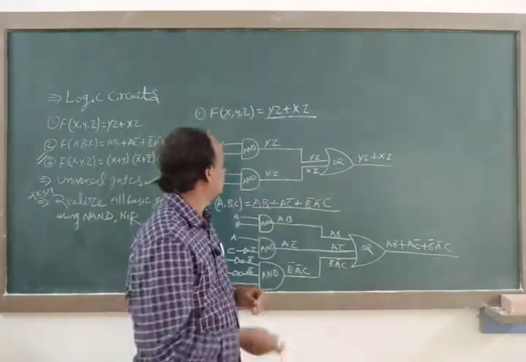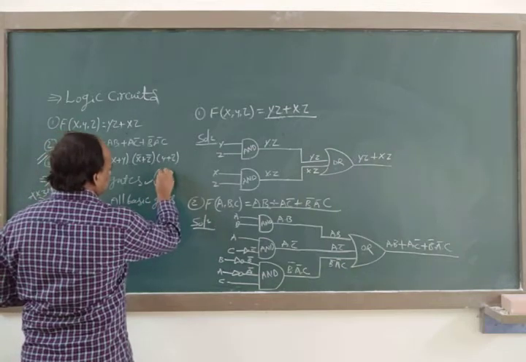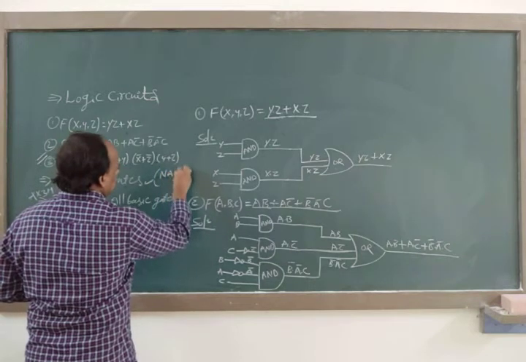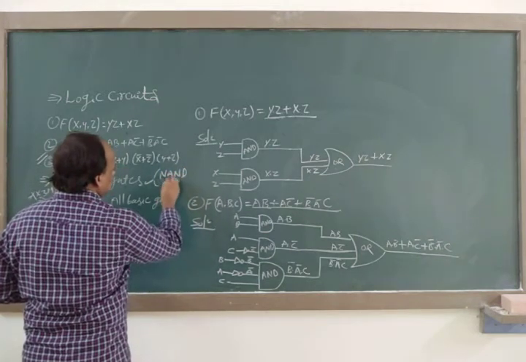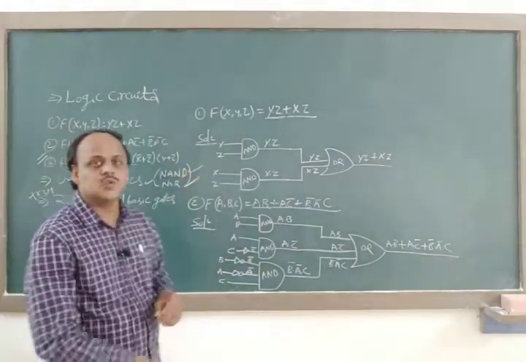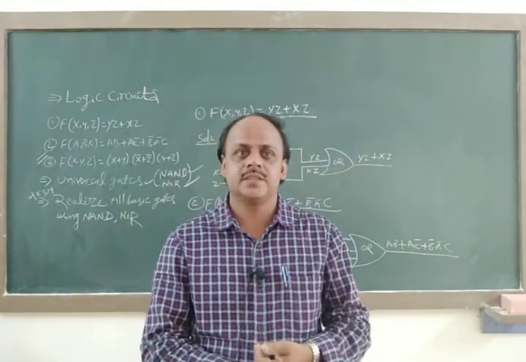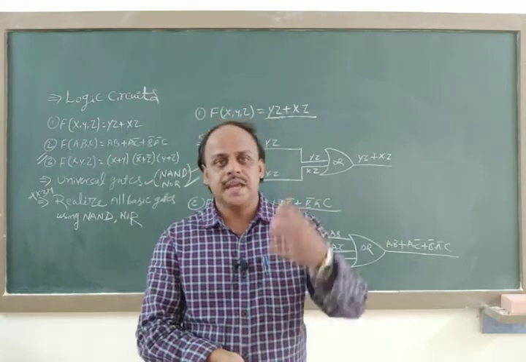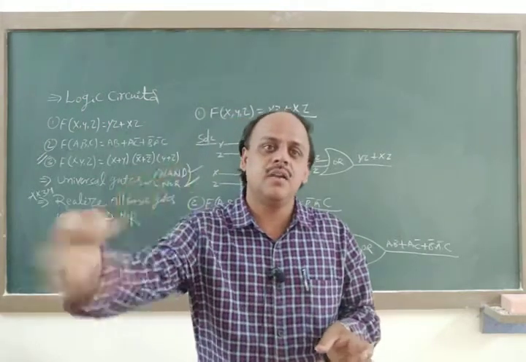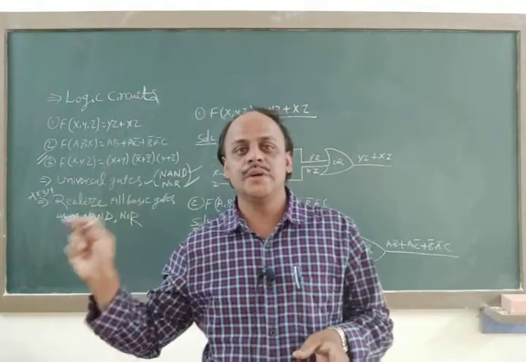For example, NAND, NOR. These two are called universal gates, because with the help of NAND gate or with the help of NOR gate, you can realize all basic gates. Hence, NAND and NOR are called universal gates.